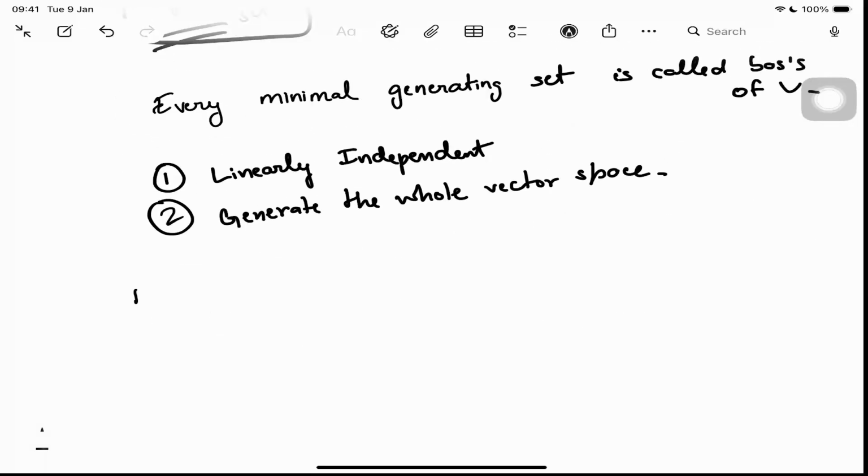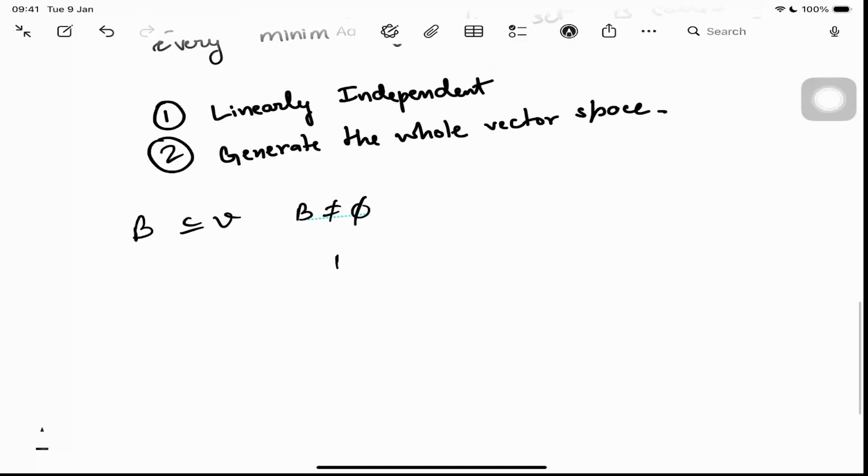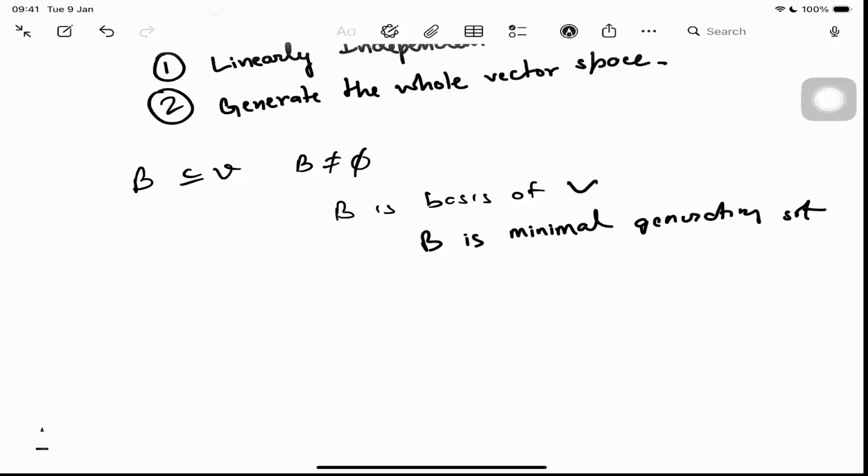Now again, suppose we have a set V which is a subset of our vector space, and B is not a null set. So B is a basis of V if B is a minimal generating set, as I told you, meaning we cannot remove anything from it. Whereas it is also called a maximal linearly independent set of vectors, because if we add one more vector to it, the set will become linearly dependent.